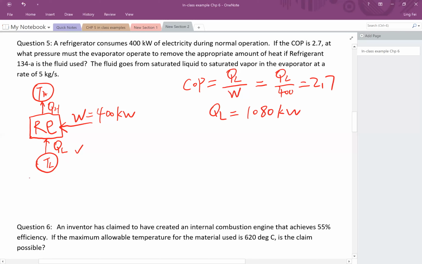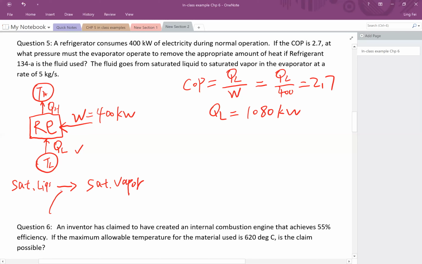So here, basically, what happens is the saturated liquid becomes saturated vapor.